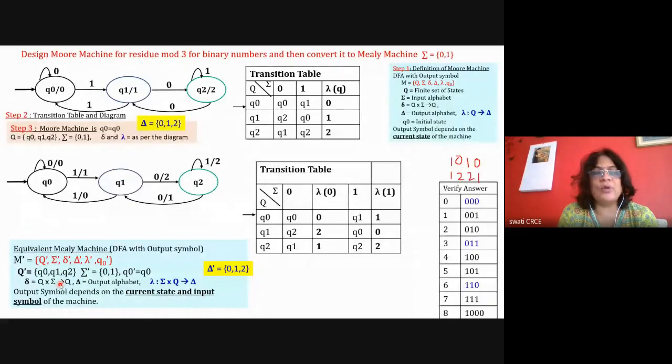Always start a new problem on a new paper, starting from the left side, so that everything is visible in front of your eyes. You don't have to shuffle the papers, because if you shuffle the papers, you may make a silly mistake. Okay, so we'll go ahead.